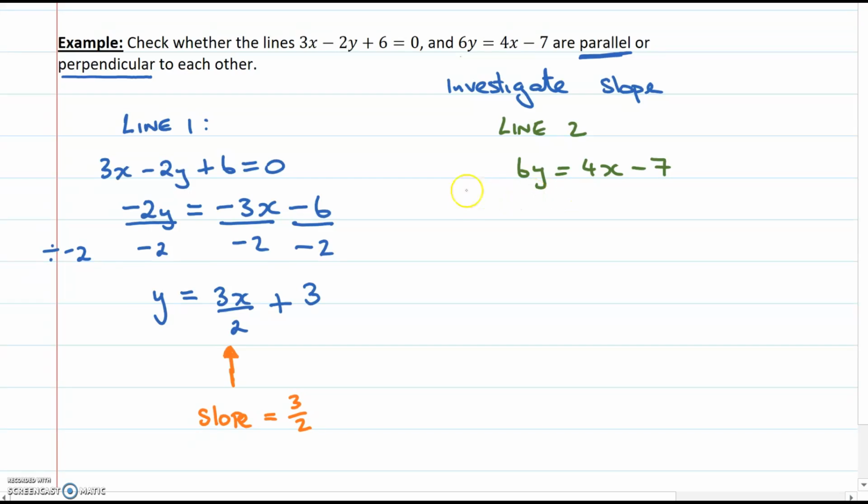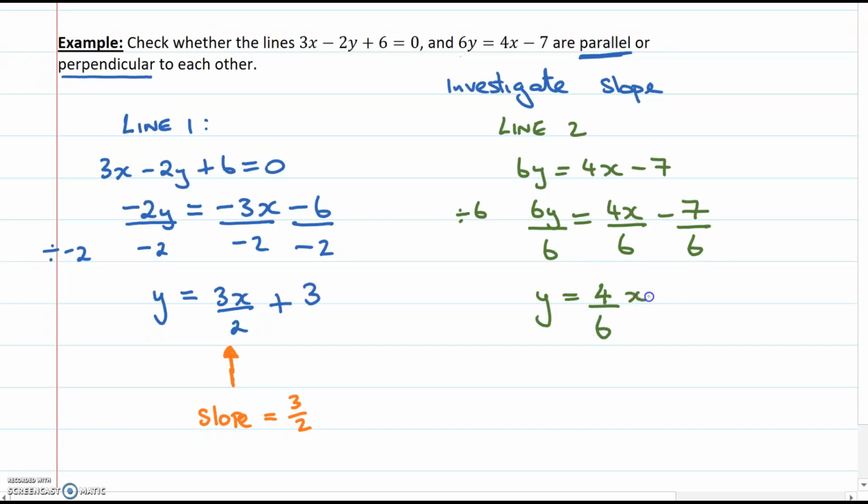We can go straight to dividing, because if we divide both sides by 6, that gives you y on its own. The 6's will cancel and that gives you y is equal to 4x over 6. If you wanted to, you could reduce that fraction right now, but there's no need to do it just yet. So y equals 4 over 6 x minus 7 over 6.